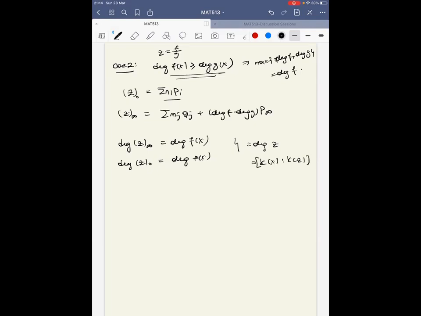And to write its minimal polynomial, now we consider this representation, and we multiply both sides by g of x.